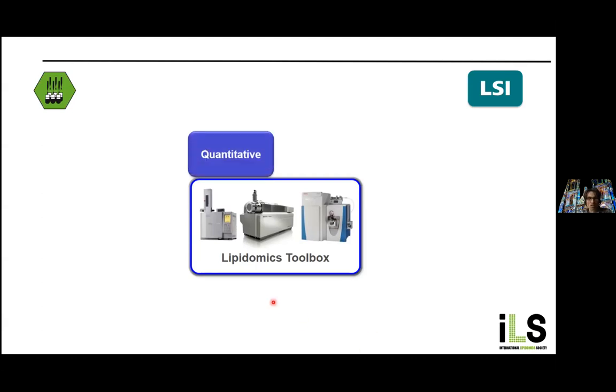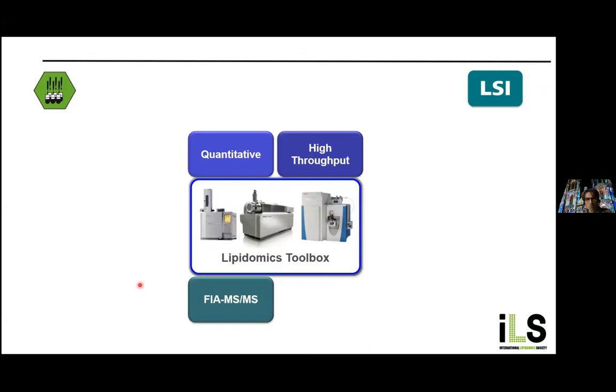What is our aim with lipidomics? We want to be quantitative as far as possible. We want to achieve high throughput because we want to analyze large clinical cohorts. You will see that we are great fans of direct MS. We use flow injection analysis, tandem mass spectrometry, and also high resolution mass spectrometry.